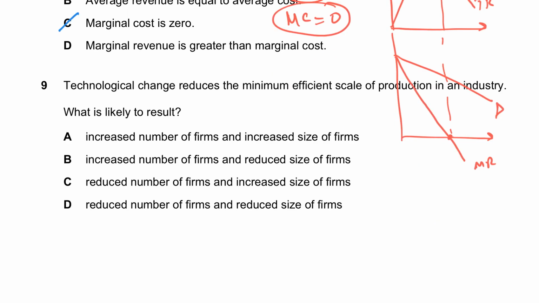Question number 9 says this: technological change reduces the minimum efficient scale of production in an industry. What is likely to result? So what is minimum efficient scale? We say minimum efficient scale is the point where LRAC is at its lowest.